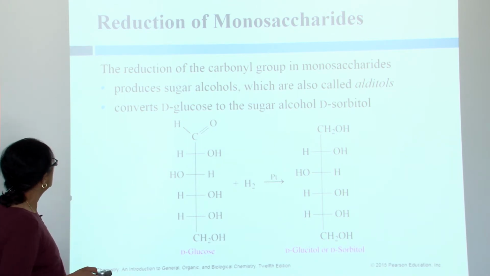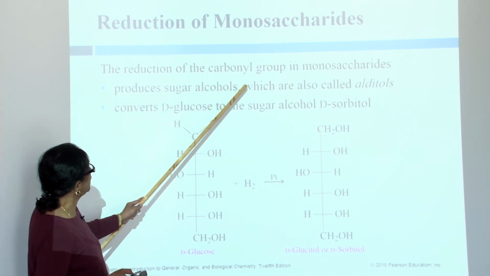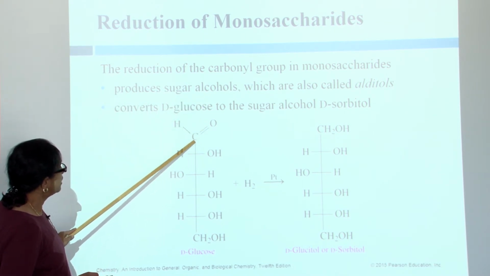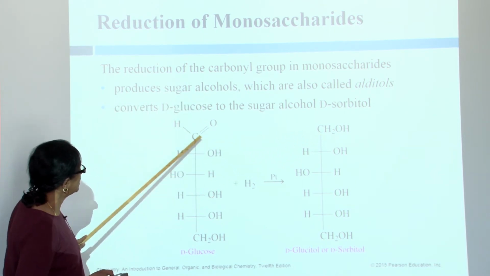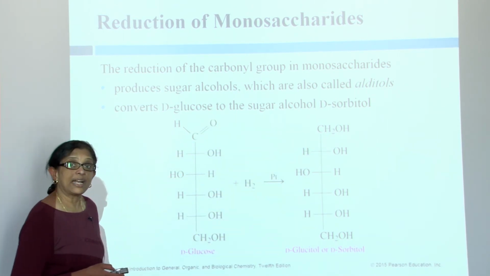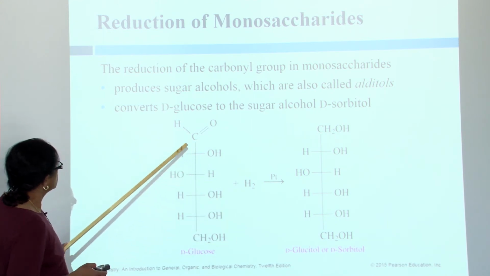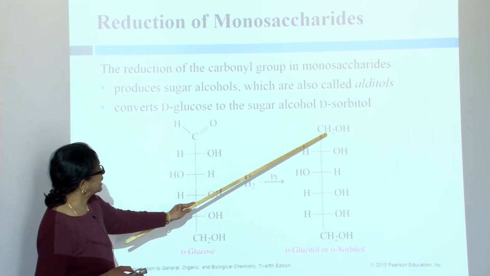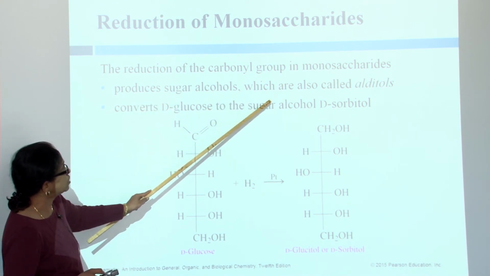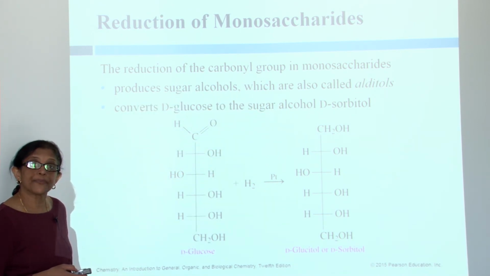We'll find out. The reduction of the carbonyl group in monosaccharides produces sugar alcohols. Here we are adding a hydrogen, one hydrogen. So that's the reduction. By adding hydrogen, we are creating an alcohol group, producing sugar alcohols, which are also called alditols.